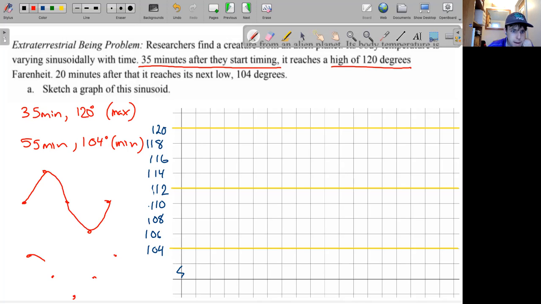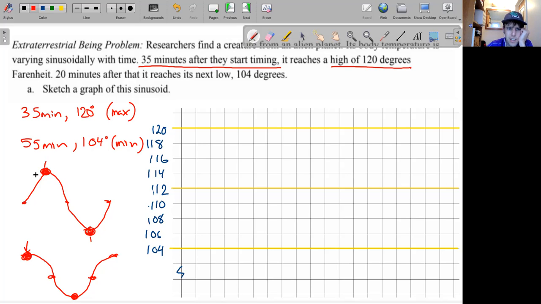When I'm dealing with a maximum and the next minimum, which are sequential, I could use a sine curve to model it, with this being 35 minutes and this being 55 minutes, and build the rest of my function from there. I could also do it here, where I start at the maximum at 35 and then this is my minimum down here at 55. It doesn't really matter.